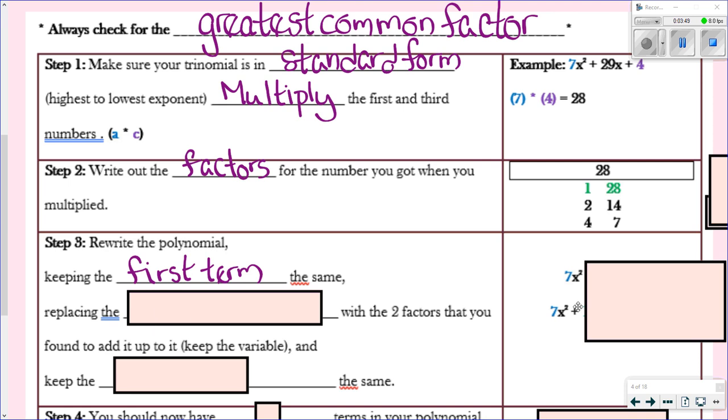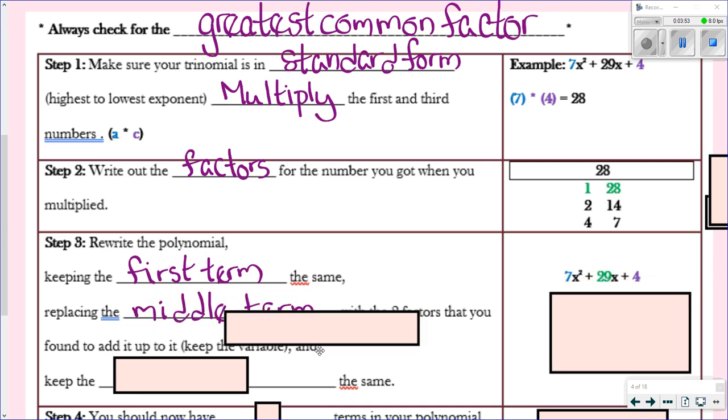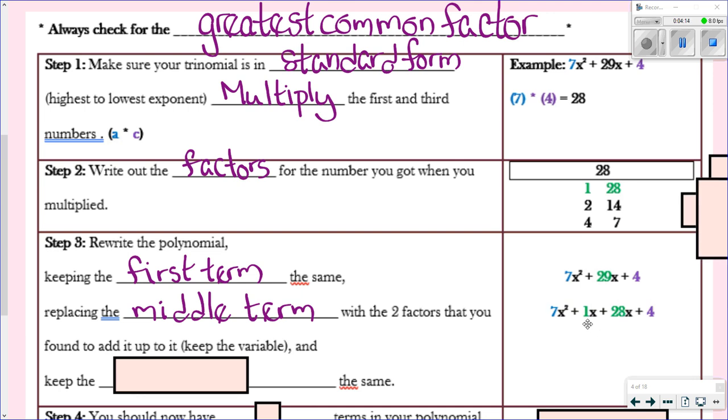And then we replace the middle term with the 2 factors that you found that add up to it. So 29, what 2 numbers can we use? 1 and 28. So then we're just going to split it. And then you keep the last term the same.